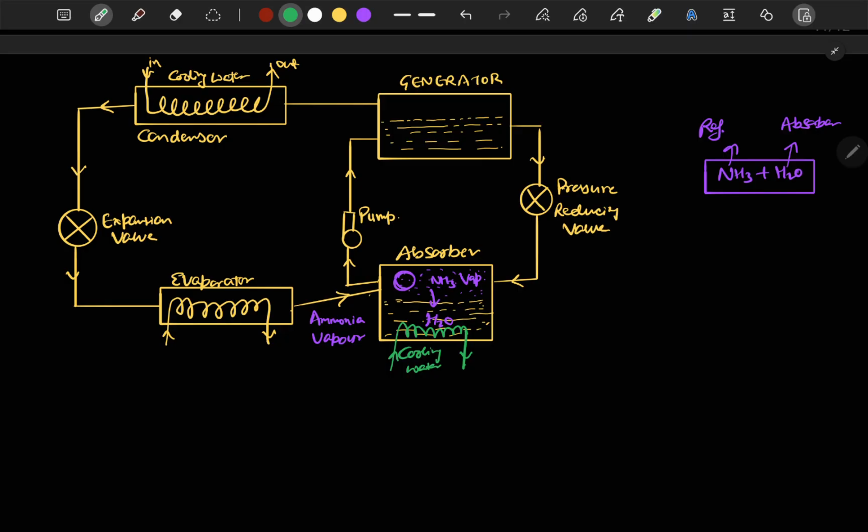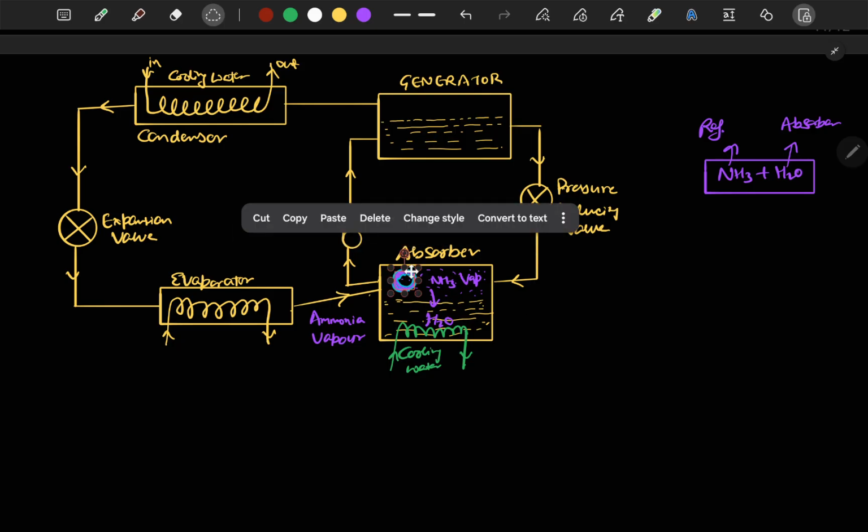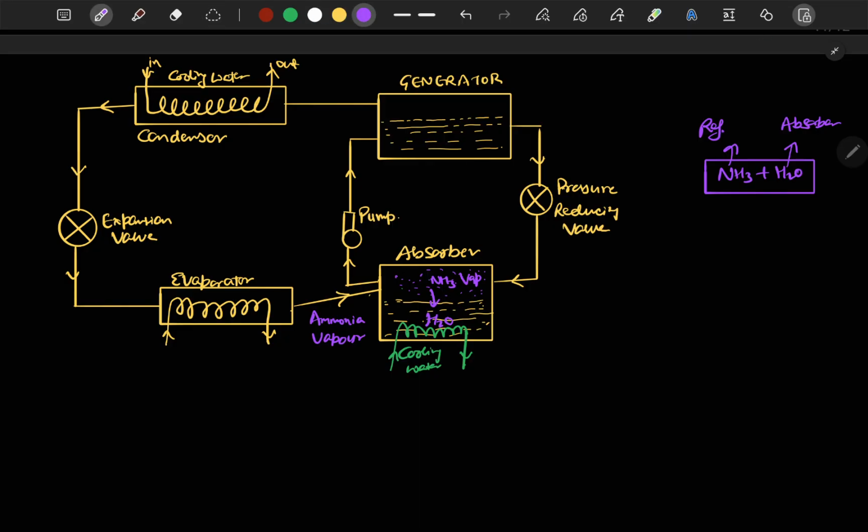Now, since this water is a strong solution of ammonia, this strong solution of ammonia is pumped to our generator.